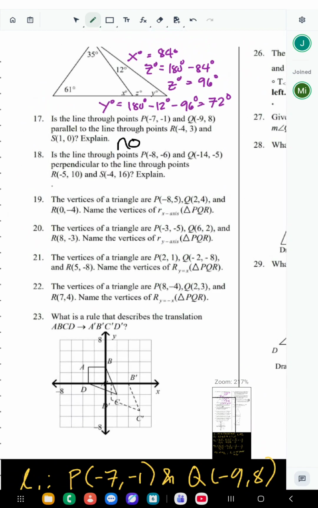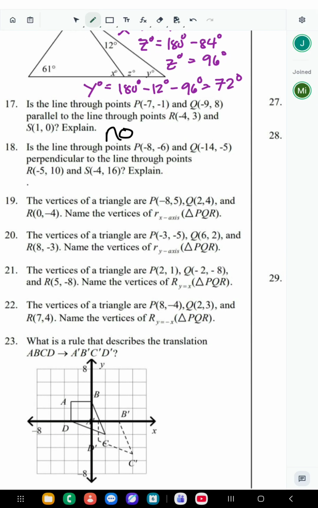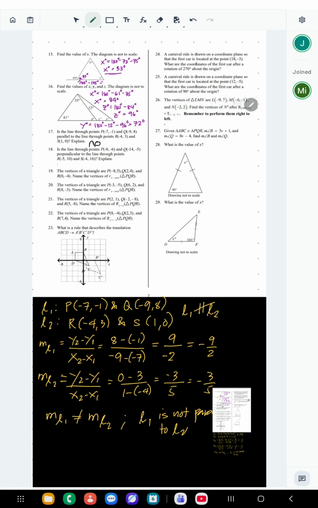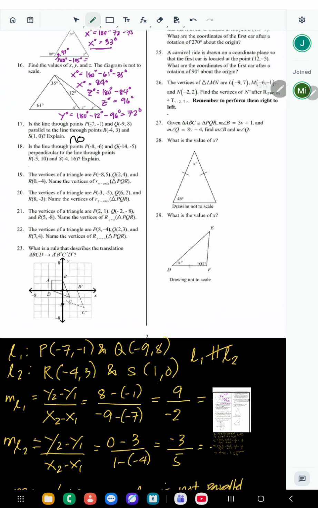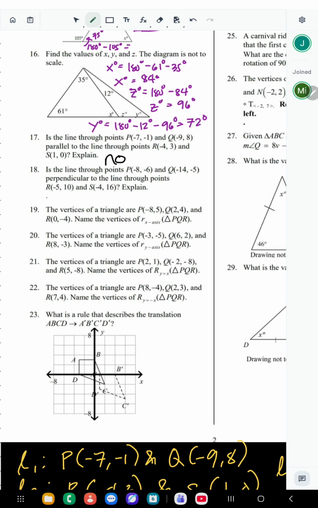Then we have number 18. Is the line through points P and Q perpendicular to the line through points R and S?